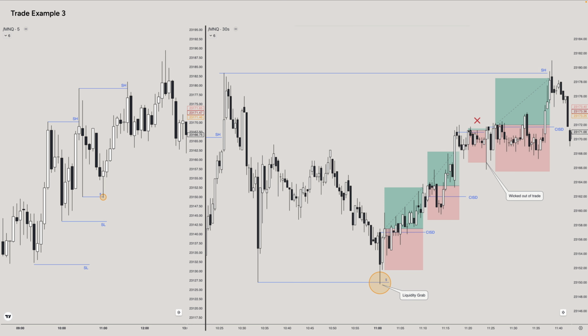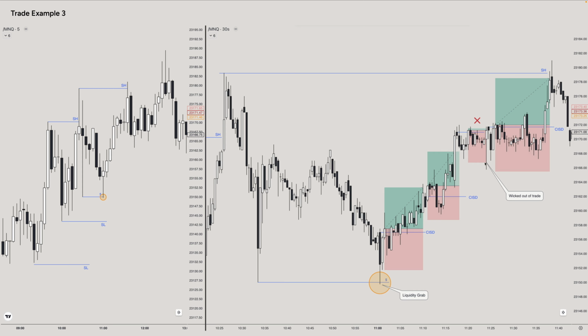So we will enter the trade here, put our stop loss below the 30-second swing low here, and our one-to-one would probably be around here. But in this case, we are getting stopped out by this wick. Again, sometimes you do everything correct according to the strategy rules, and the market will still stop you out. It happens, so don't worry about it. It's all part of trading, any strategy for that matter.